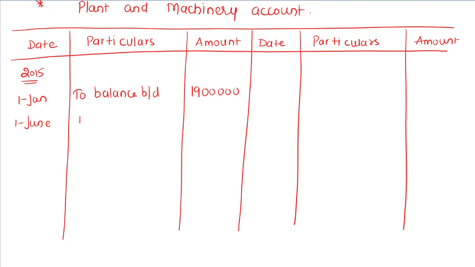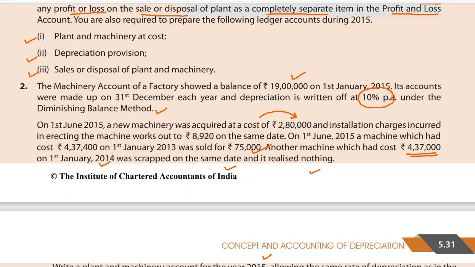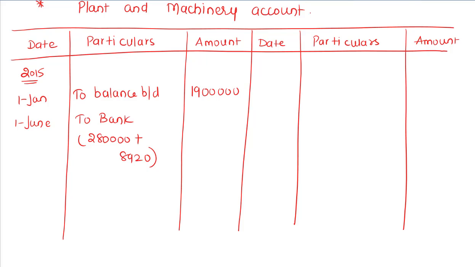Then 1st June, to bank 2,80,000 plus installation and erection 8,920, on 1st June 2015, 288,920.